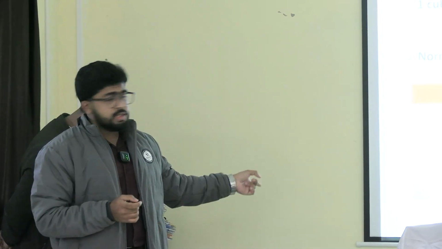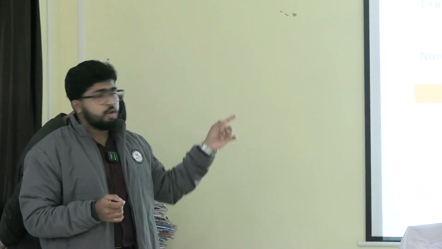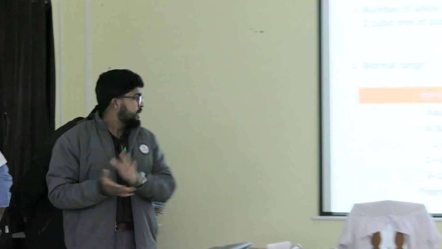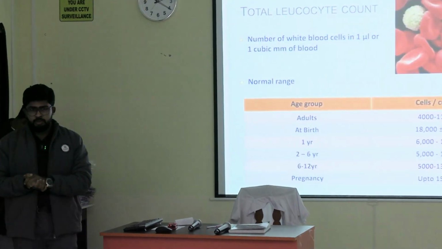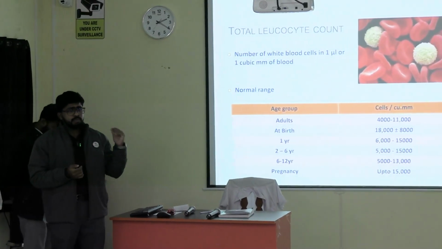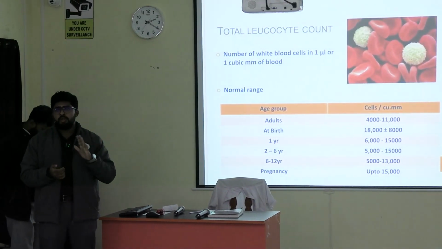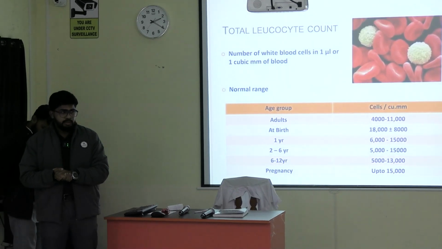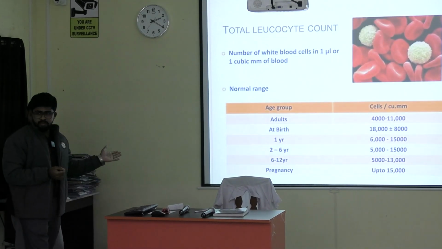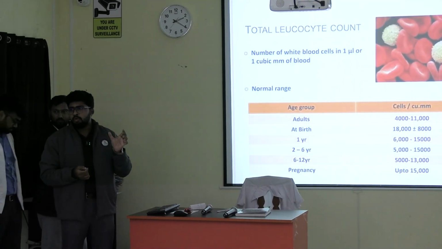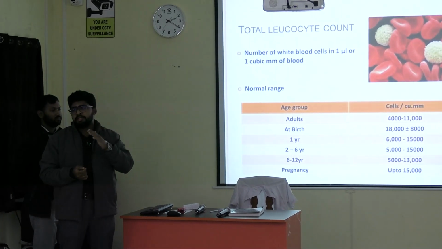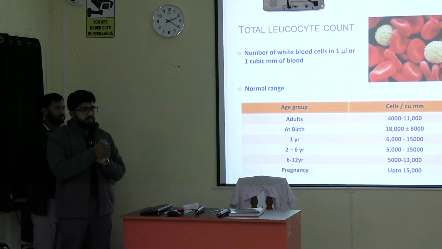Now you can see in case of a child at birth there is a cell count of 18,000 plus or minus 8,000. So basically it is increased compared to adults, isn't it? There is some reason for this much higher WBC count than in an adult.